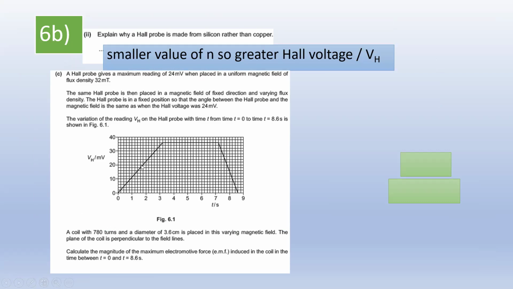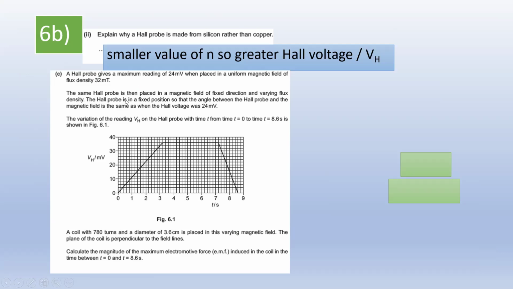A Hall probe gives a reading of 24 millivolt when placed in a uniform magnetic field of flux density 32 millitesla. The Hall probe is then placed in a magnetic field of a fixed direction and a varying flux density.